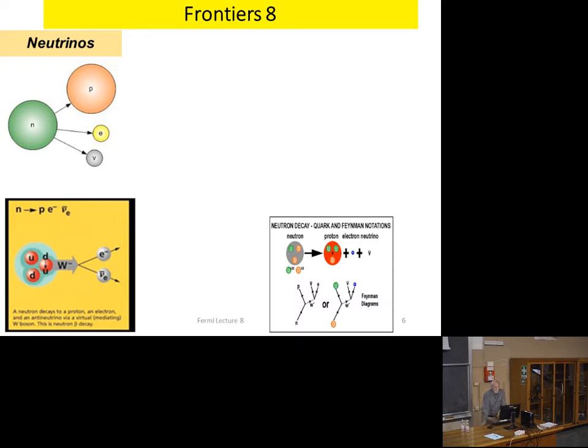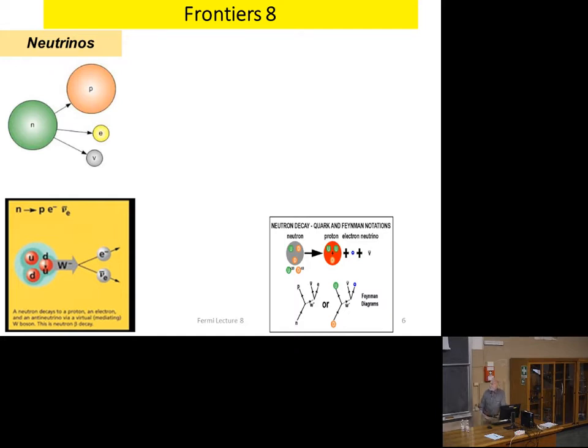So let me start by showing you there's a puzzle from the very beginning. We can talk about weak decays, for example, and I've drawn on here the decay of a neutron. So a neutron decays into a proton, an electron, and an electron neutrino.